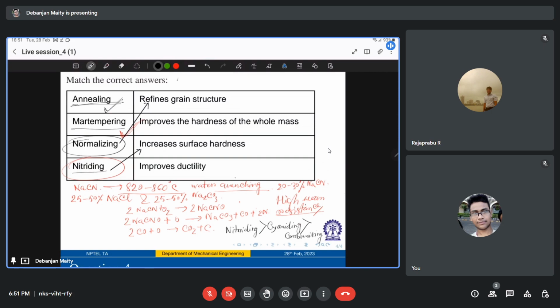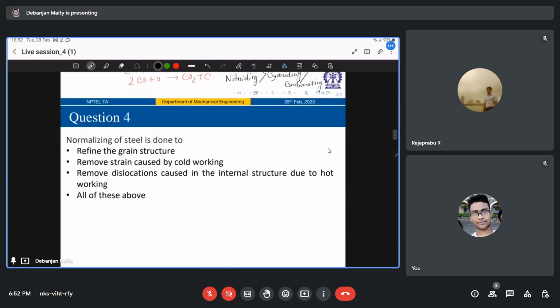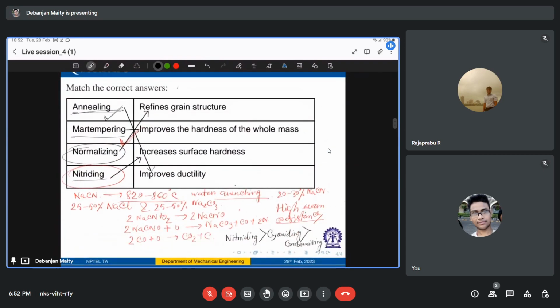Then you have martempering and annealing. Martempering basically improves the hardness of the whole mass, and annealing improves the ductility.